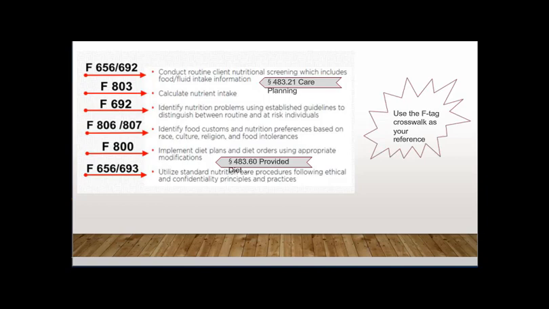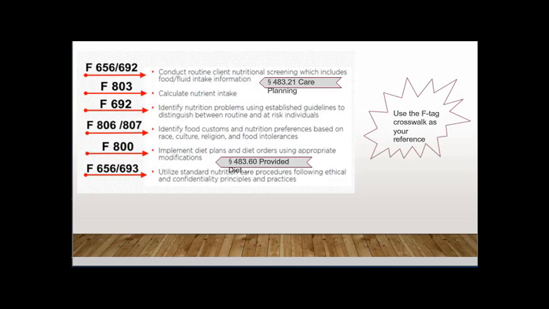So let's take a look at this F-tag crosswalk and use it as your reference. If we were saying that you can conduct routine client nutritional screening, which includes food and fluid intake information, that is the first one out of the gate on our scope of practice. That competency then will tie back into F-tag 656 and 692.